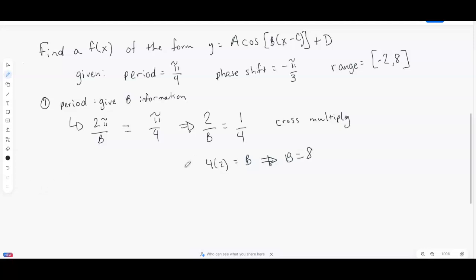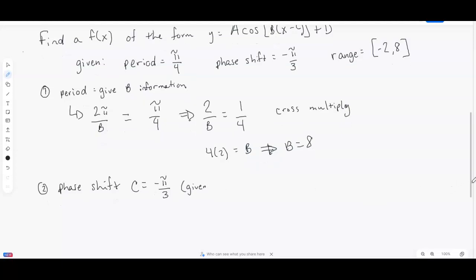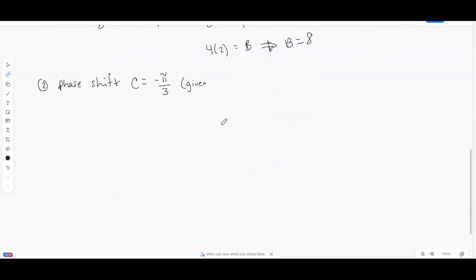Okay, so far we've got our B equal to 8, right? The next step is we're going to look at the phase shift, right? So our phase shift was that C equals negative pi over 3. And remember, that was just given to us. Okay.